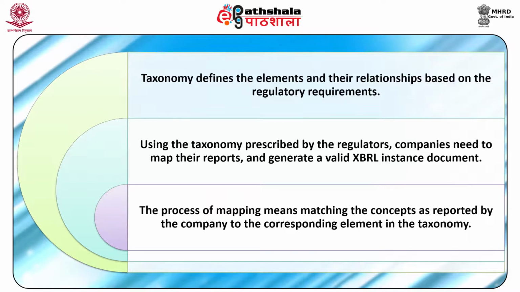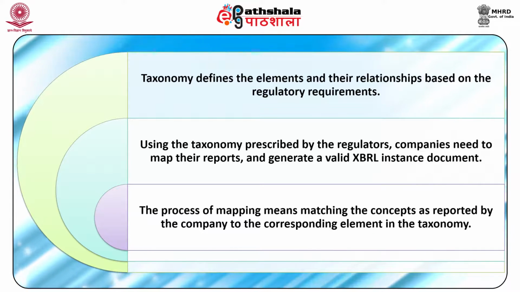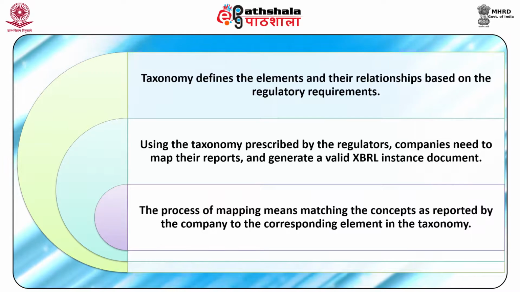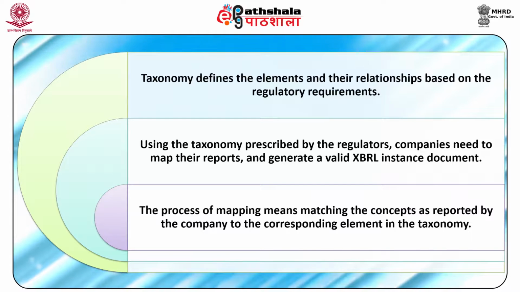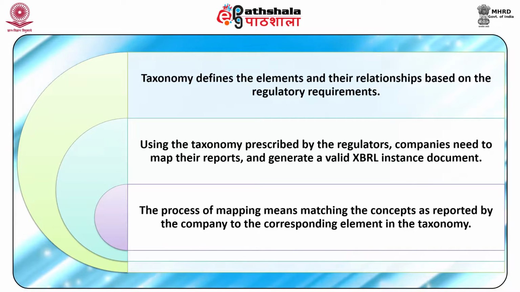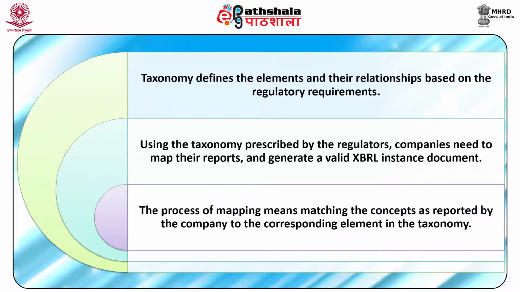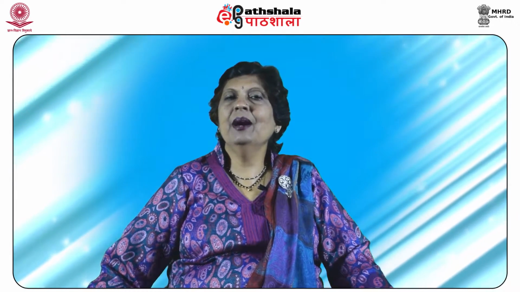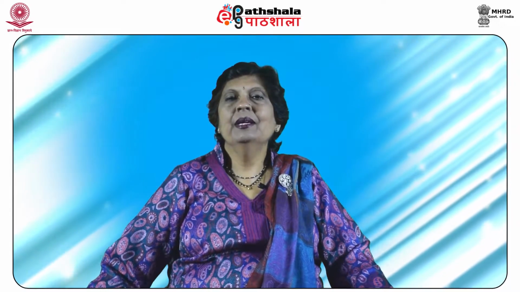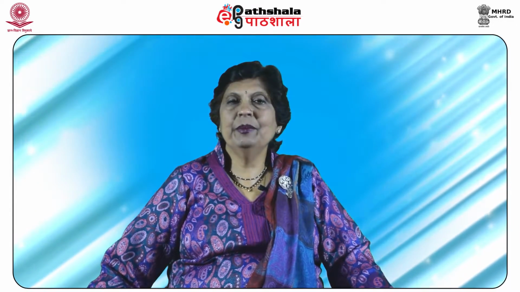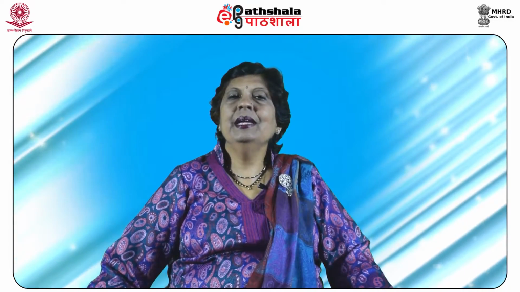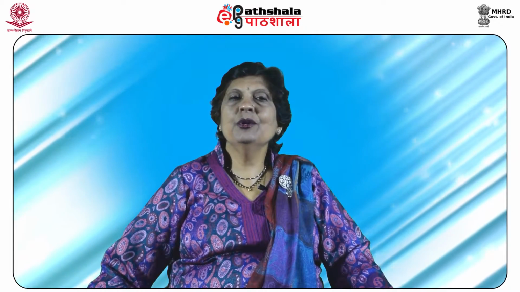Using the taxonomy prescribed by the regulators, companies need to map their reports and generate a valid XBRL instance document. The process of mapping means matching the concepts as reported by the company to the corresponding element in the taxonomy. In addition to assigning XBRL tag from taxonomy, information like unit of measurement, period of data, scale of reporting, etc. need to be included in the instance document.